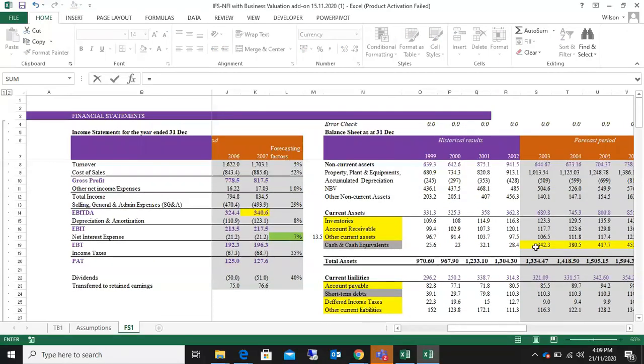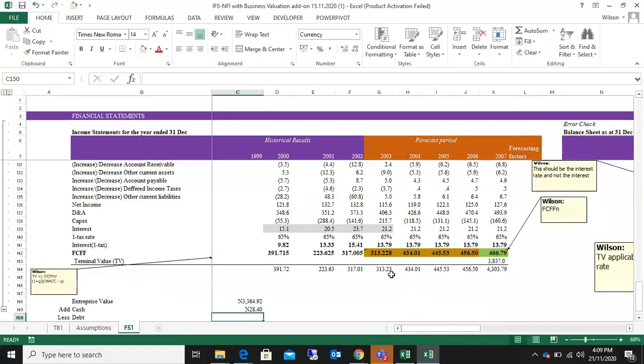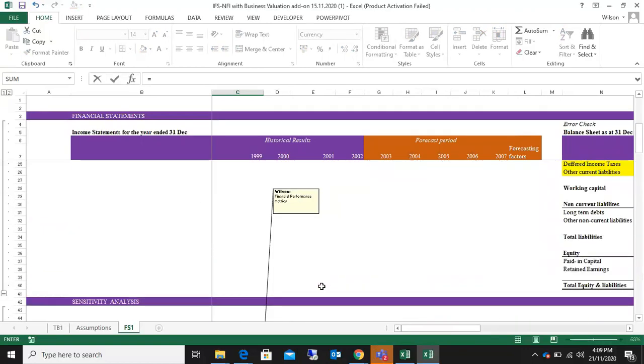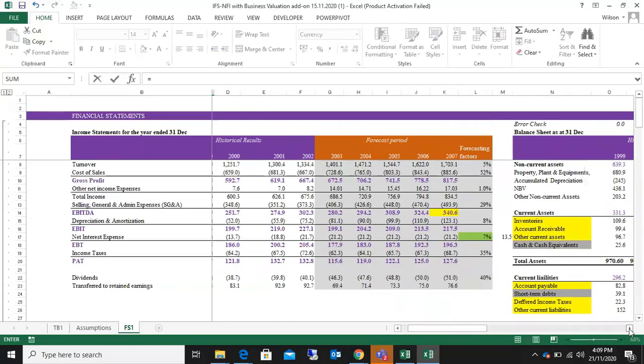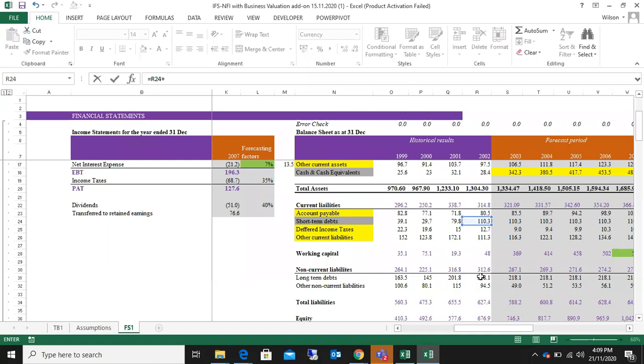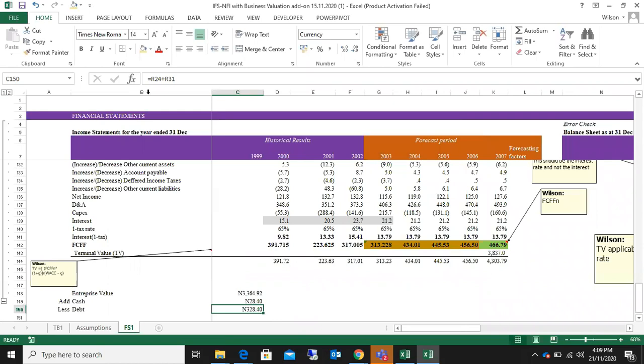Cash and cash equivalent in the immediate prior year is 28.4. And the debt you want to subtract is the debt in the immediate prior year, both long and short term. Okay, and we treat it as negative, which I'm subtracting.